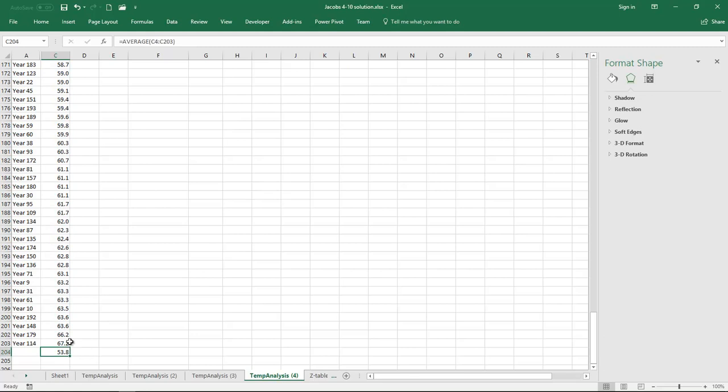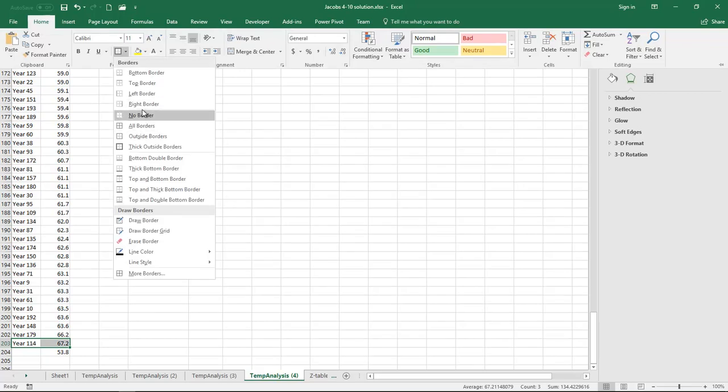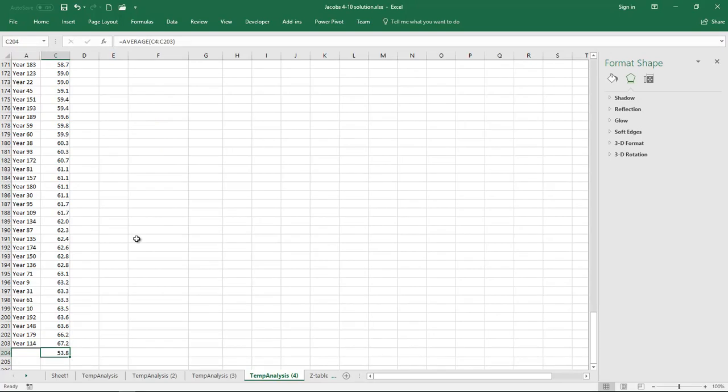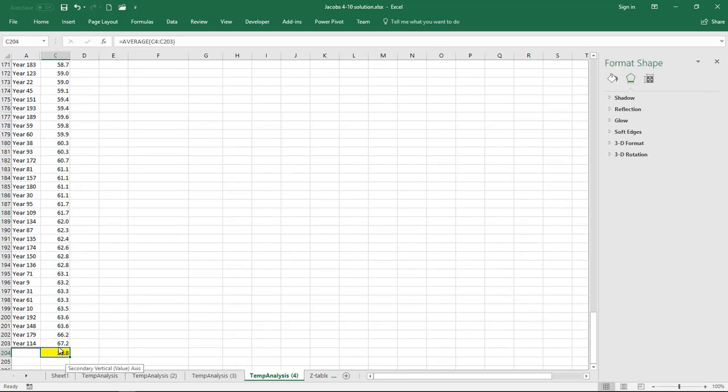Which is 53.8 degrees. And I'm going to put the double lines underneath here. We're just going to do a quick format on this. .8 is our first average, and I'll flood that with yellow. That's an important cell right there.